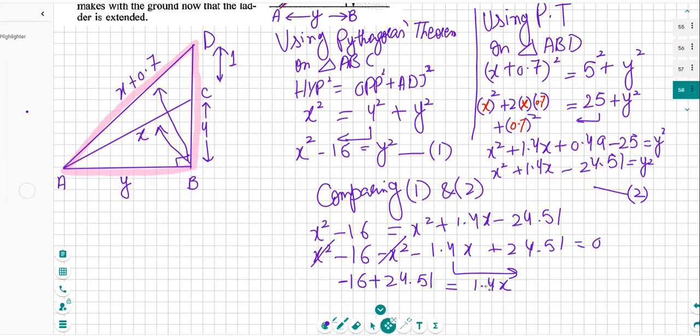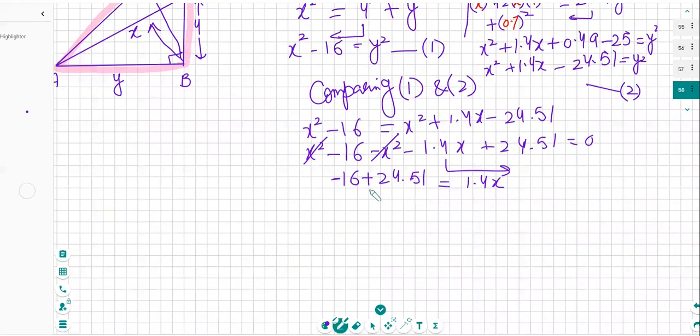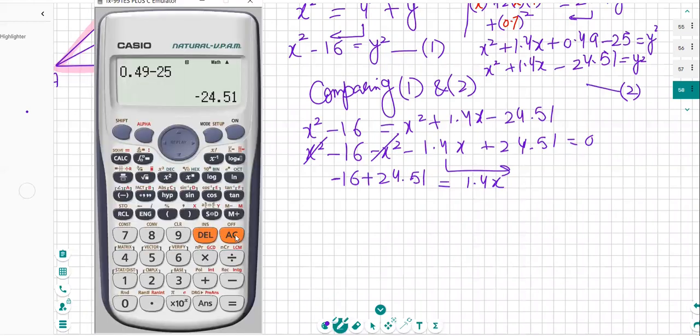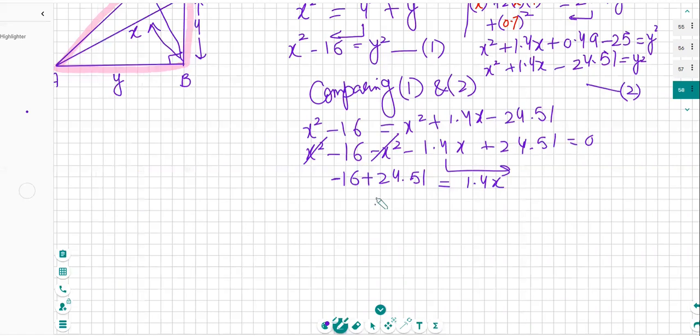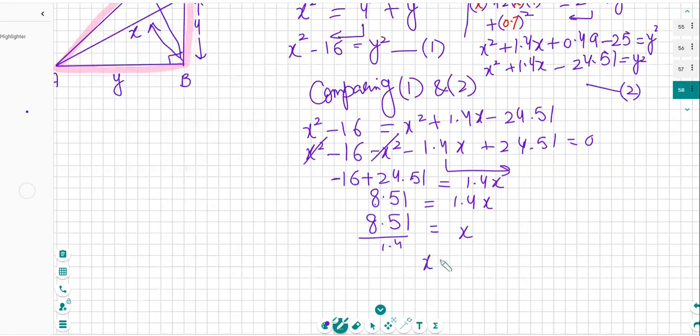So now you can see we have only a linear equation of one variable, and we can find x by it. Minus 16 plus 24.51 gives you 8.51, right? 1.4x. Now shifting this 1.4 to the other side, it will obviously divide. So this is actually x, 6.08.